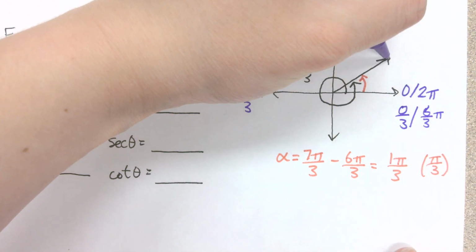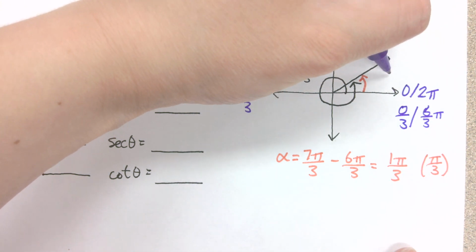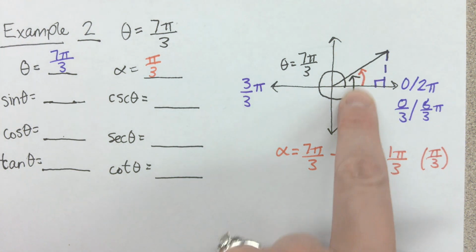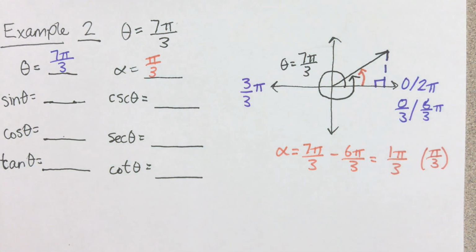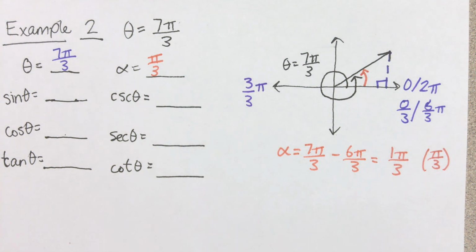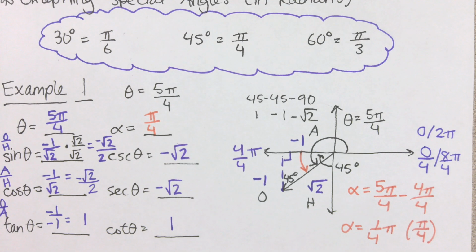Now let's create a triangle. We'll go arrow to x-axis. So this time we're going down to meet it, creating that right angle. Now that alpha, we want it in terms of degrees. When we talk about triangles, our angles are always in degrees. So this is pi over 3 radians, which is 60 degrees. We wrote those conversions above.